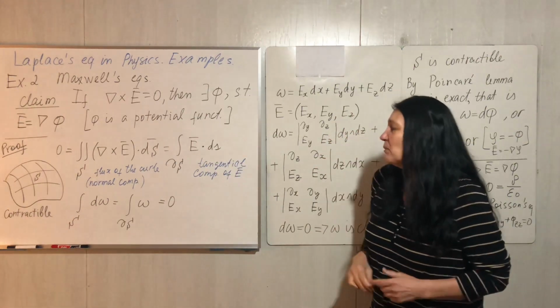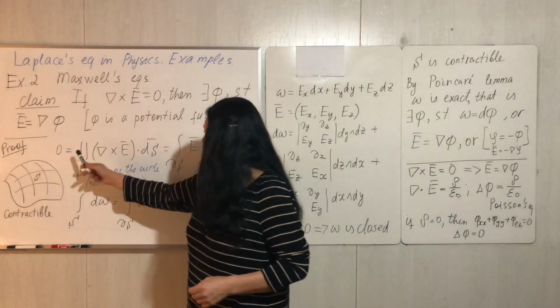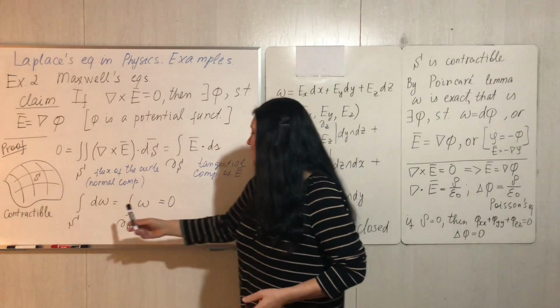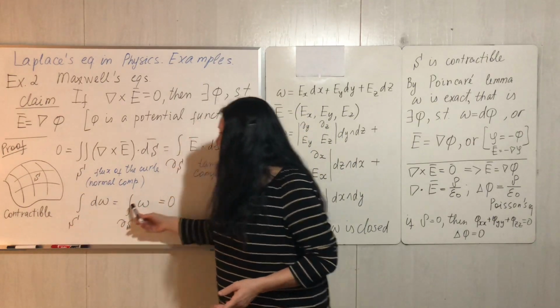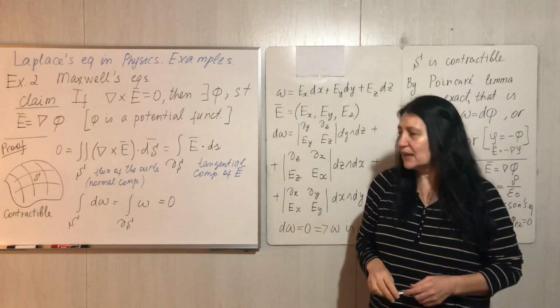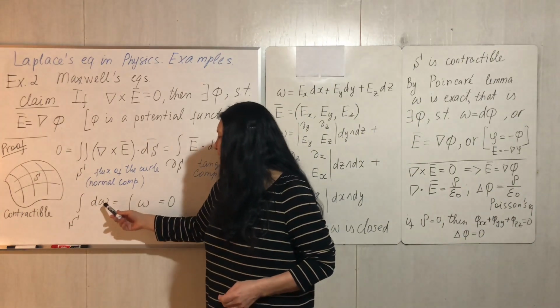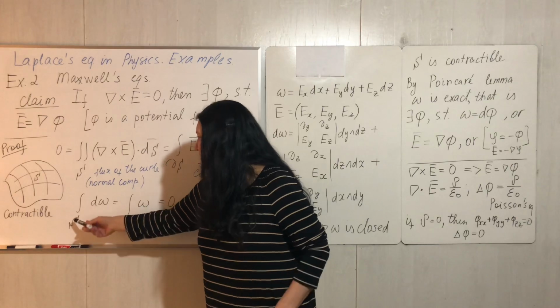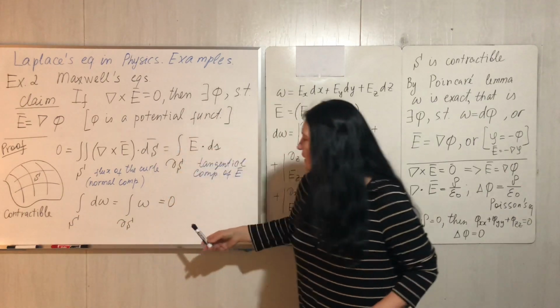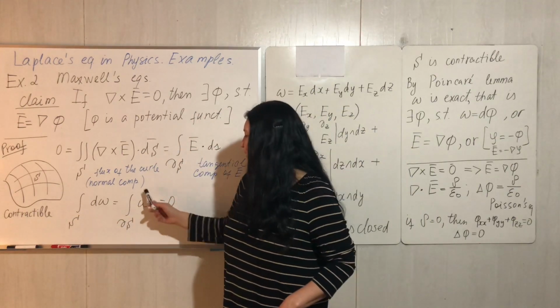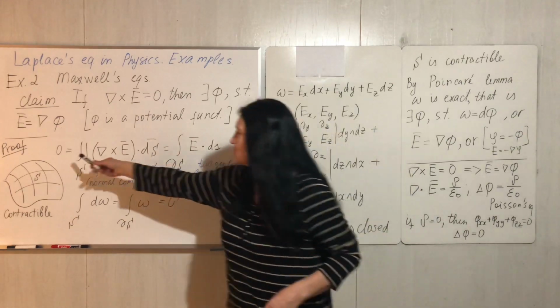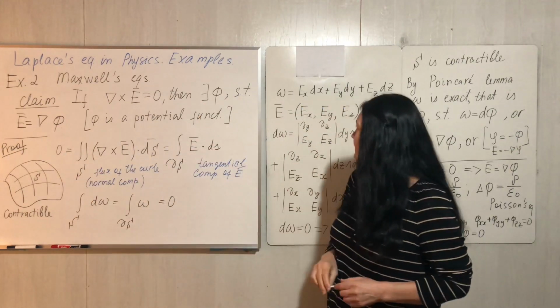And we can rewrite Stokes' formula in differential form notation. So then we will have the integral over S of d omega equals the integral of omega along the boundary, and it's still 0 since we have it here.